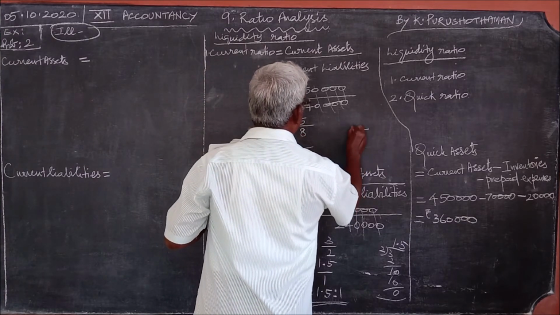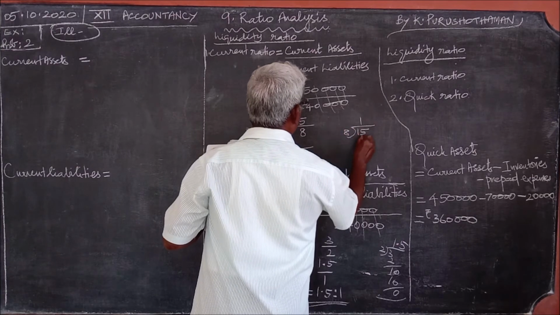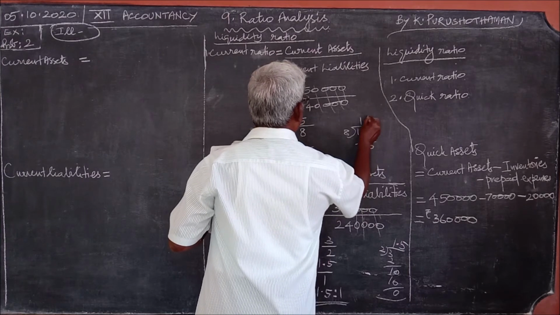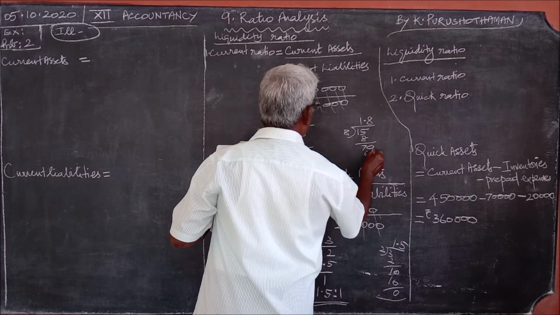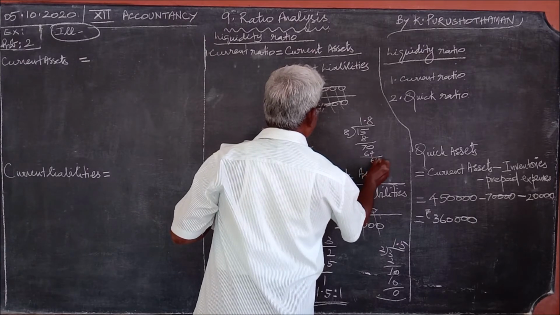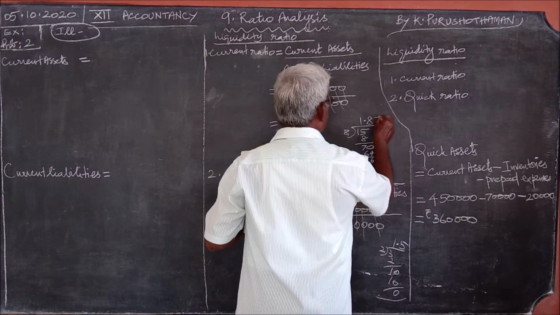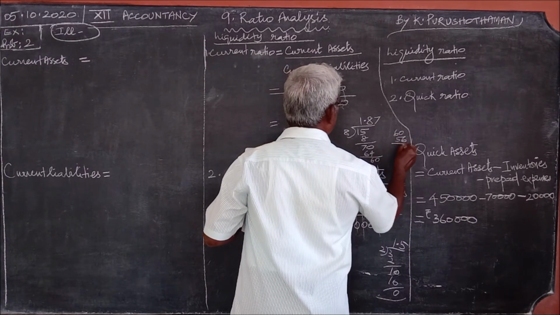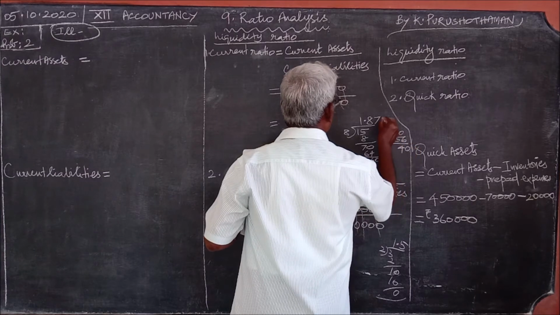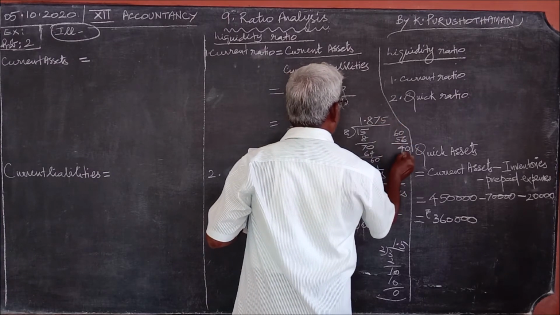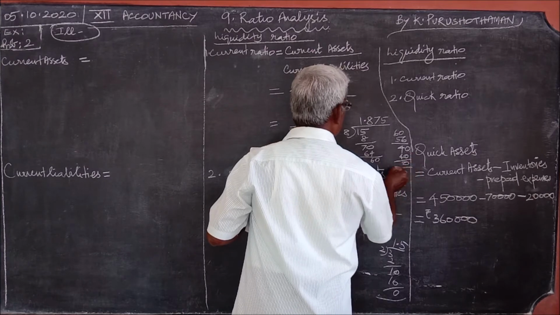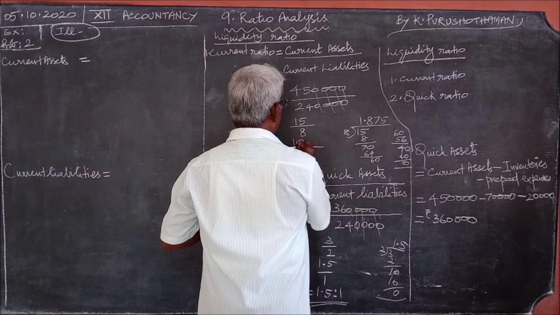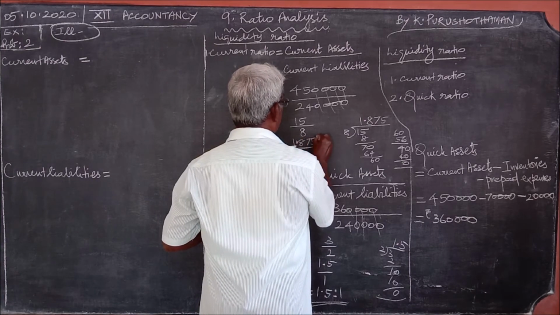You divide that 15 by 8, 1 8, remainder 7, add 1 0, put the point, 8 8s are 64, remainder 6, 60, 7 8s are 56, 60, 56, remainder 4, add 1 more 0, 5 8s are 40. So what number you should write? 1.875 by 1.